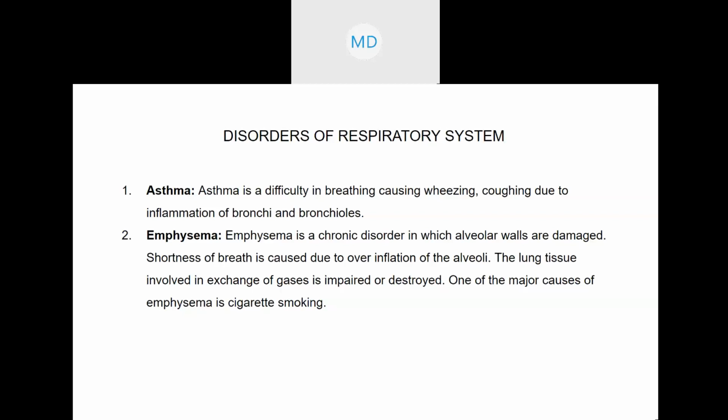I have seen that when asthma patients go outside to a polluted area, full of dust, when they come back they suffer more from asthma attacks. So that also has something to do with it, I guess.